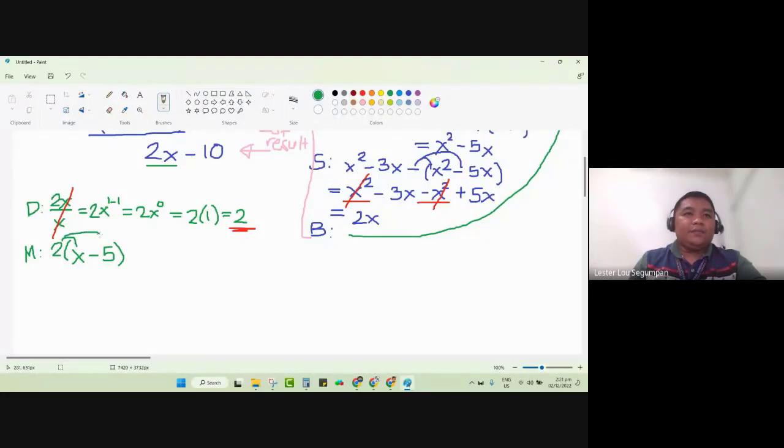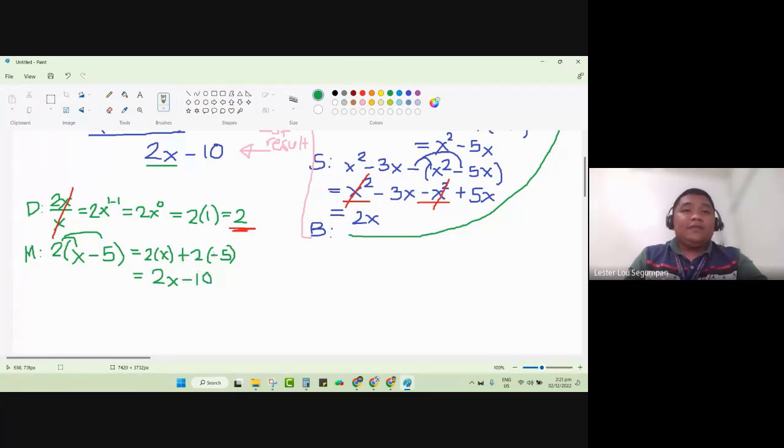Distributive property will give you the product of 2 and x plus 2 times negative 5. And then it will give you 2x. Then since it's negative, you have minus 10.